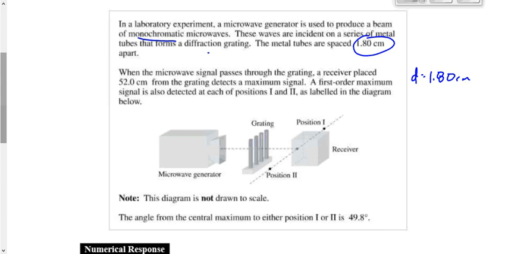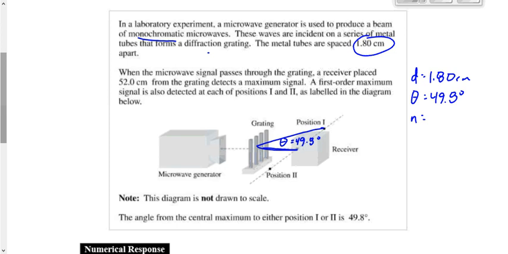It tells me as well that the angle from the central maximum right here to the first order maximum right here is 49.8 degrees. Now, it's 49.8 degrees to the first order maximum on the other side as well, but we don't need both of them, right? Theta is 49.8 degrees. What would the value of n be that's consistent with that 49.8? 1.